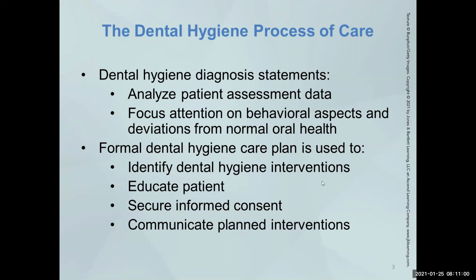What is their gum disease status? What is their, we call it dental IQ, which is really not politically correct, but what is their knowledge of dental care and how it affects them with that oral systemic health? We need to make sure that we have secured informed consent, that is the patient signing the treatment plan, and communicate our planned interventions.